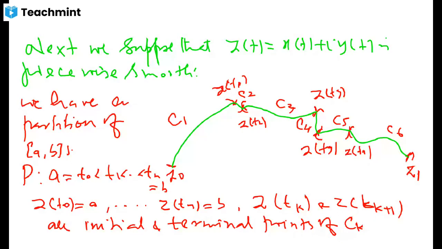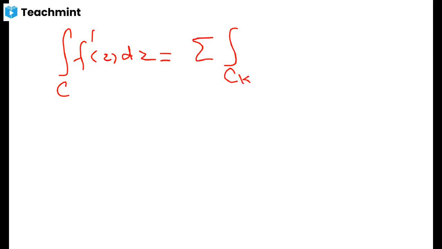Now we are going to find the integral on the whole of this contour C. The integral on the whole contour C has to be the summation of the integral over each Ck, because we have broken down this contour, and we can write this whole integral over C as a sum of the integrals over each piece.